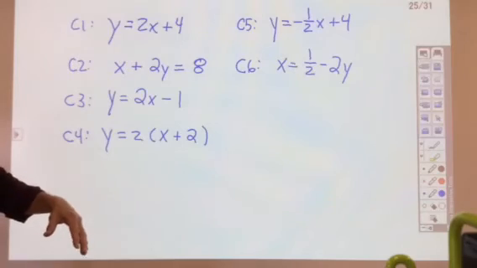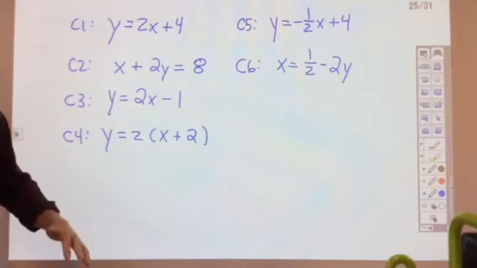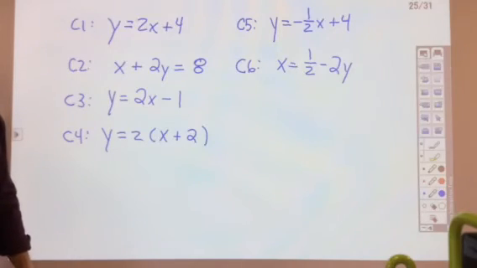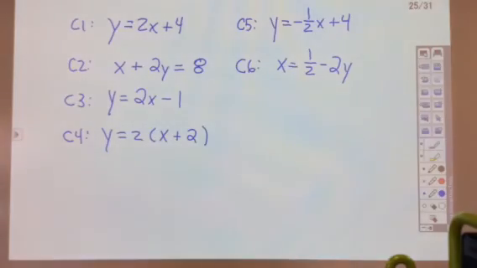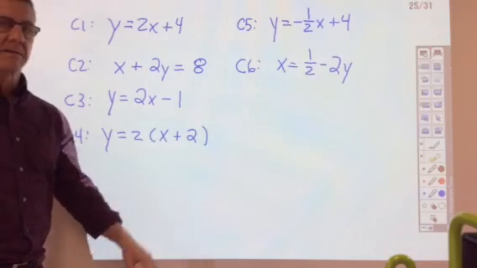What you might want to do now is pause the video and make sure that you have all these equations so you can go ahead and begin the process of putting this document together. I will go ahead and share out this document with everybody so that they have it available.